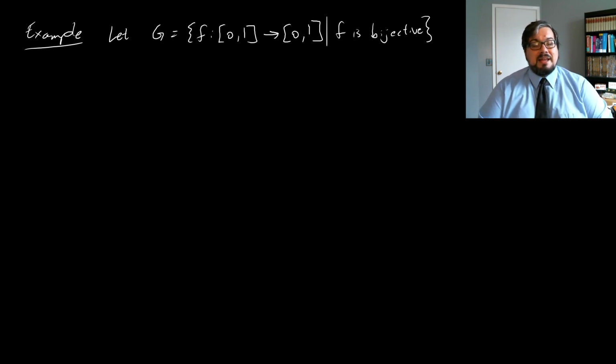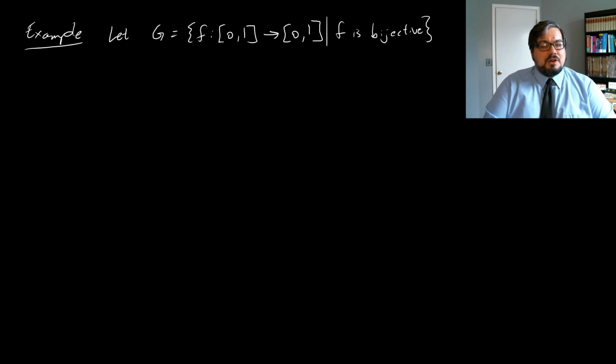There are many, many, many functions that go from the interval [0, 1] to the interval [0, 1] that are bijective. Note, I haven't required f to be a polynomial or even continuous here. There are a huge number of functions that I could be working with here. All I'm requiring is that f is bijective. And so let's look at the pair G comma composition.